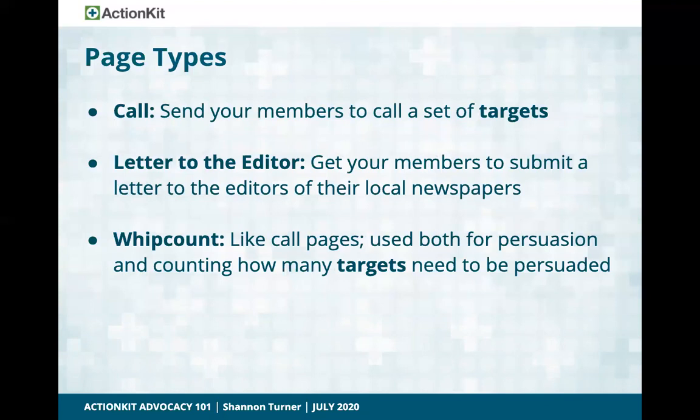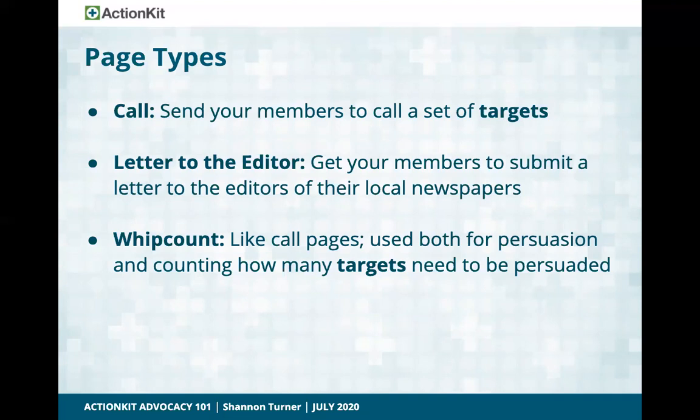Call pages allow you to define a set of targets and send your members to call them. So, for example, calling Congress to tell them to keep Obamacare. You can set up the targeting, so for instance, the US House, and then people will get the option to call their specific congressperson.